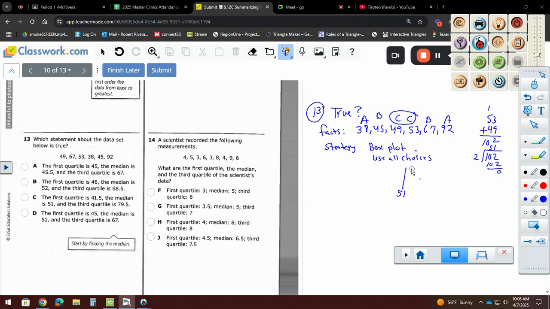Now, how do I get the lower half, the lower quartile, Q1? What do I do? You find the median of the lower half. Maritza, which ones do I include? Go to the board over here, Maritza, right there.